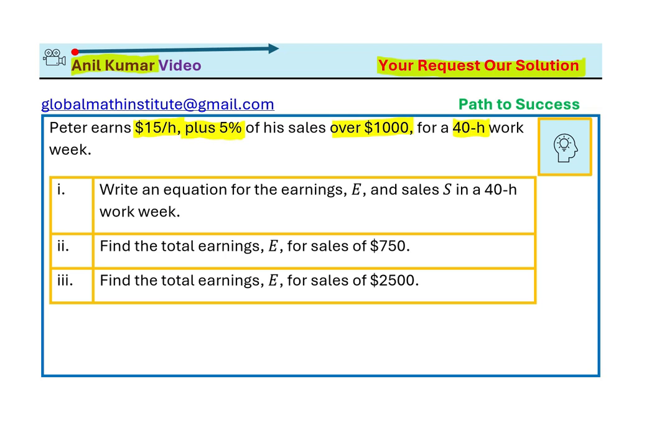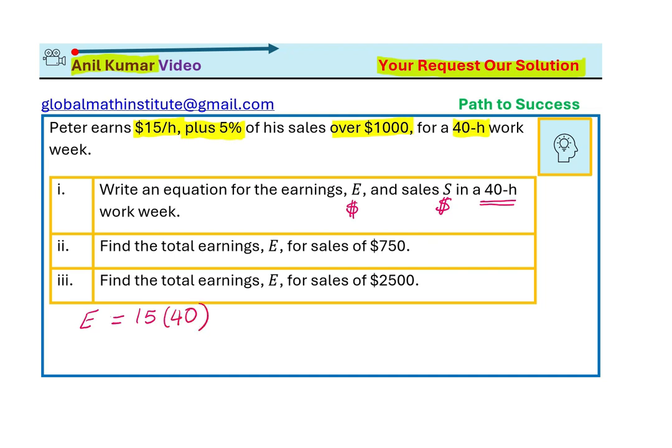Getting to the equation itself, we can write the earnings E, and all are in dollars, right? So these are in dollars, earnings and sales. Earnings is given to us as $15 per hour, and we're talking about a 40-hour week. So this 15 will be times 40 hours.